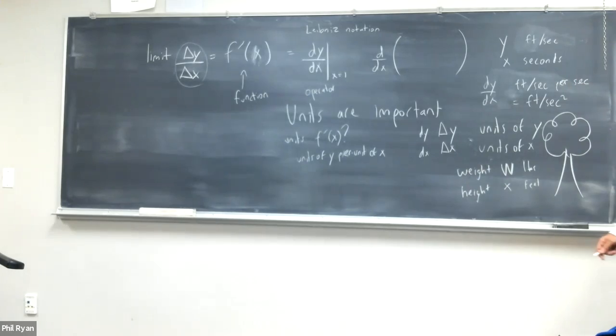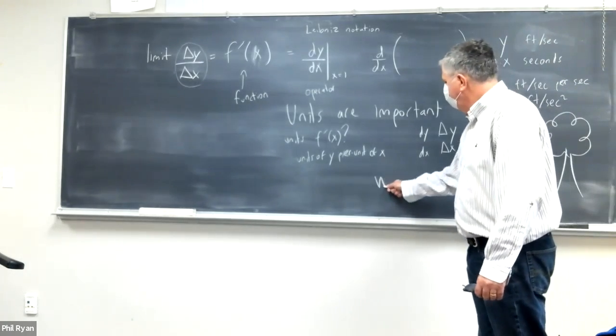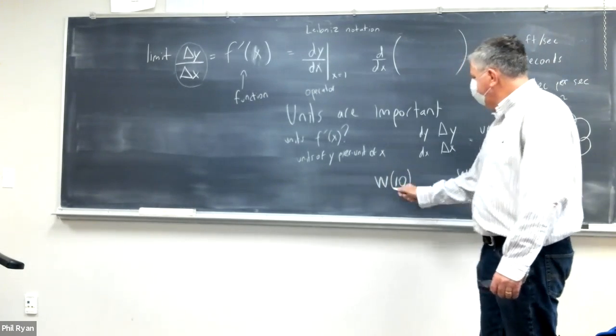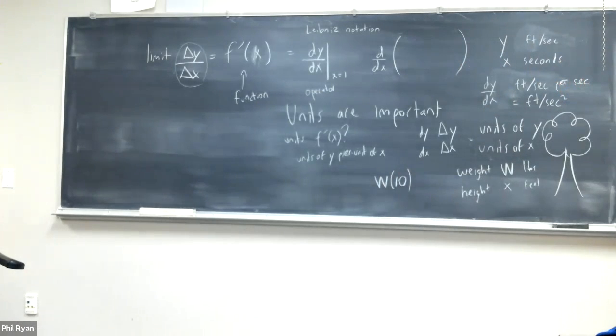Okay, so what is W of 10? What does it mean? It's going to be a number. It's going to be a certain number of pounds. What amount of pounds is that going to be?